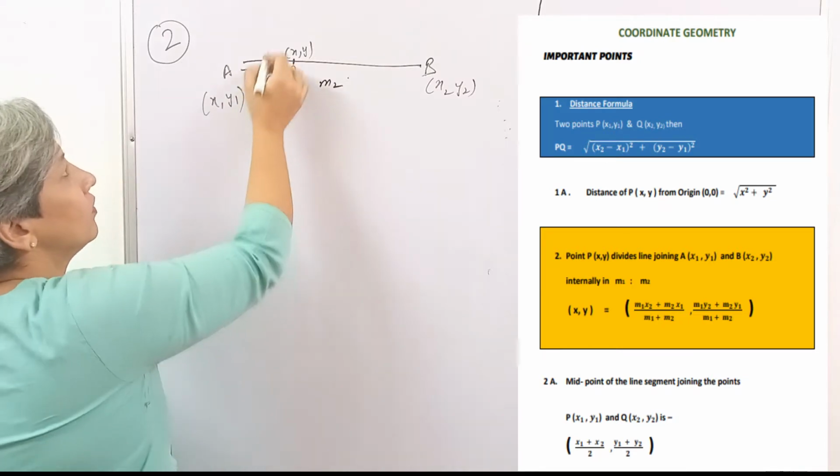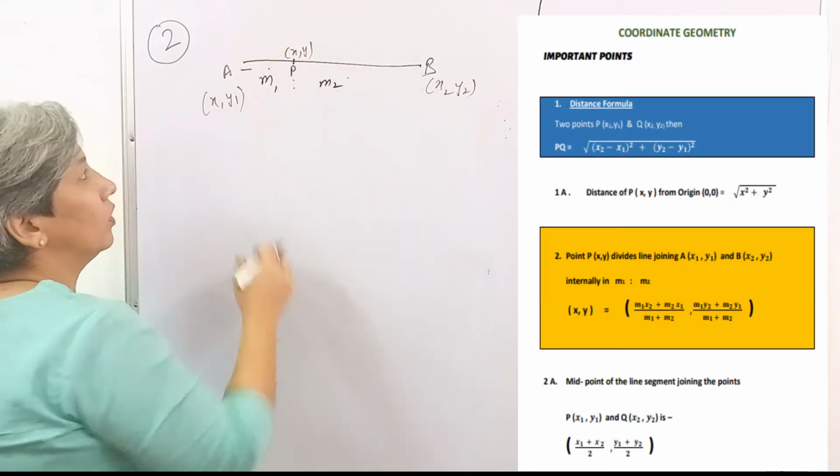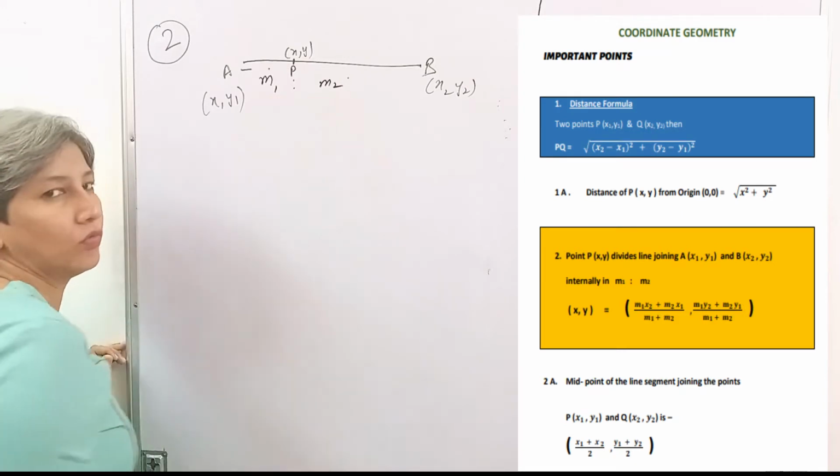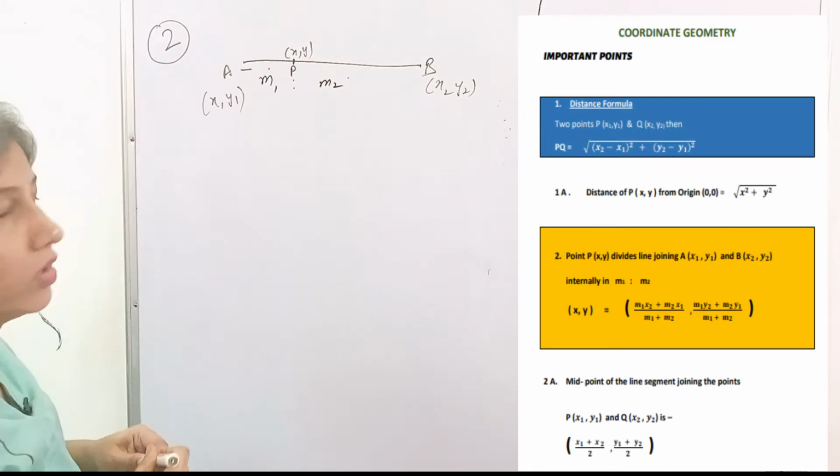Then m1 to m2 obviously will be 2 is to 8, which is 1 is to 4, so m1 will be 1, m2 will be 4, right? Same way any ratio can be there.